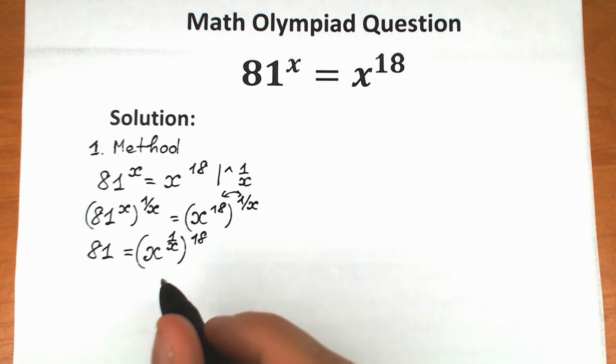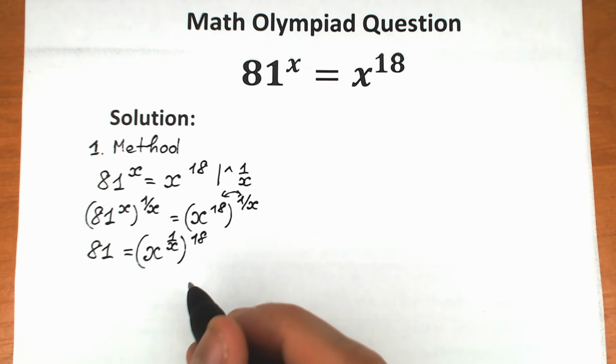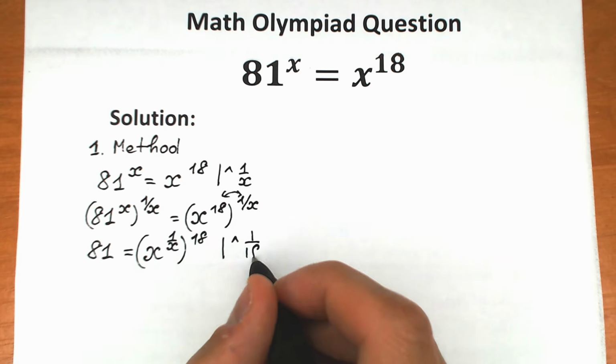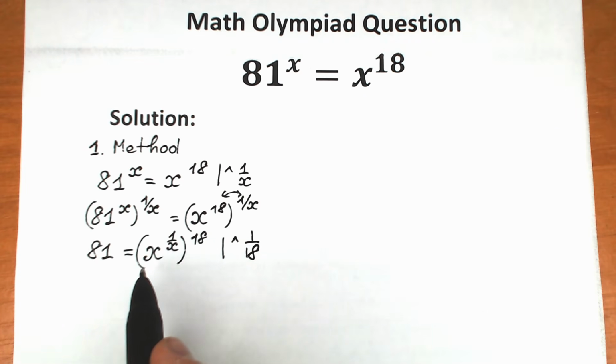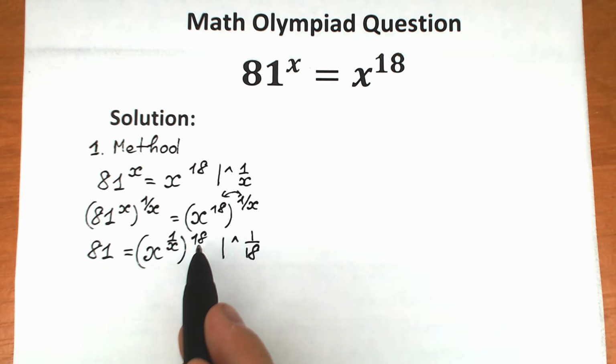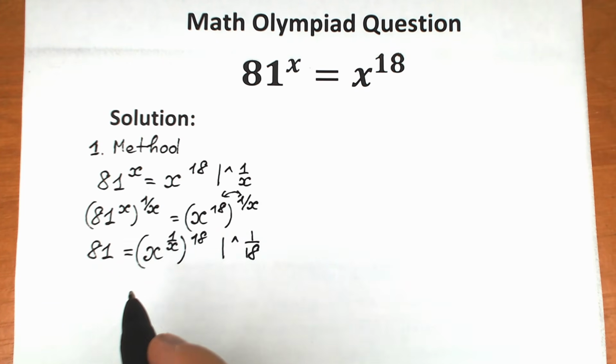Right now, let's raise both sides to the power 1 over 18. I just want to group our constant on the left hand side and our variables on the right hand side. Our variables we have right here, but we have this constant, so let's group this with the 81.